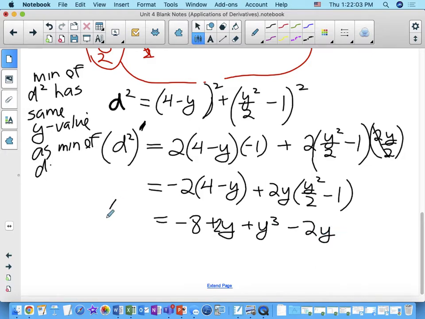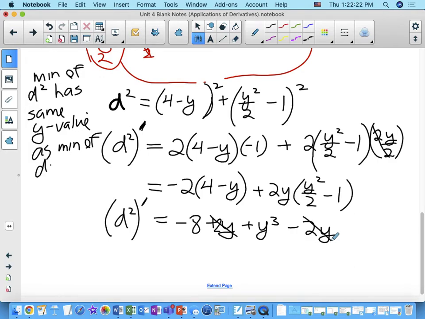And that is basically d squared prime. It's not the derivative of d, it's the derivative of d squared. Can't you cancel the positive 2y with the negative? Exactly. Yep, these cancel each other out.